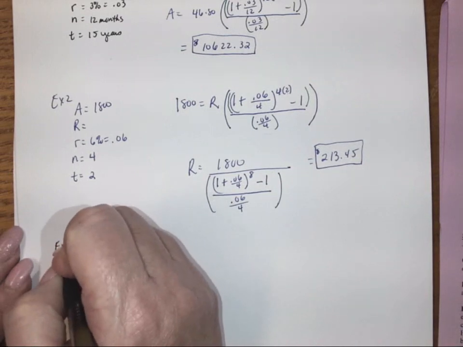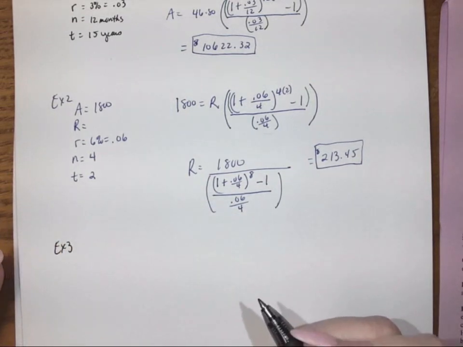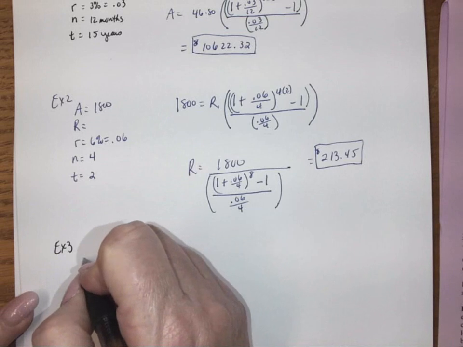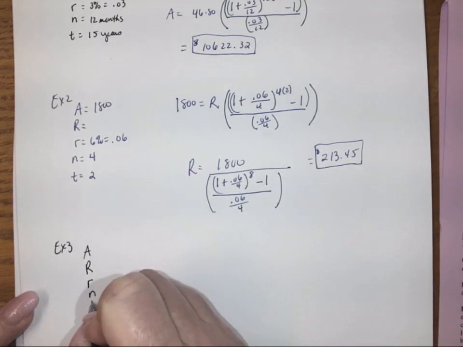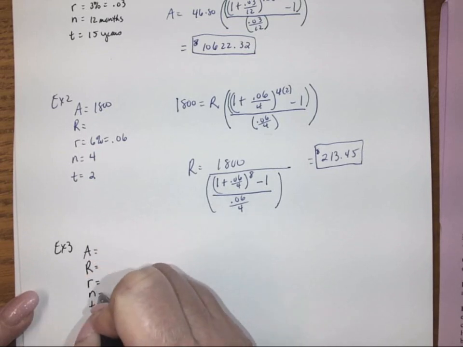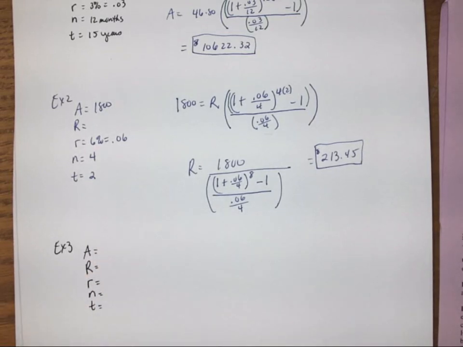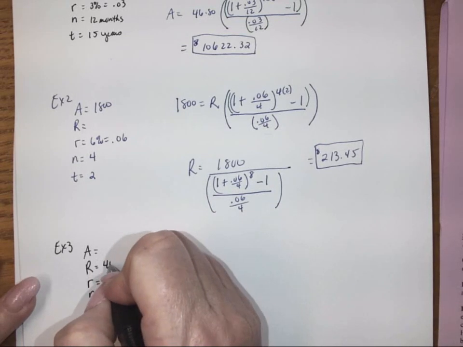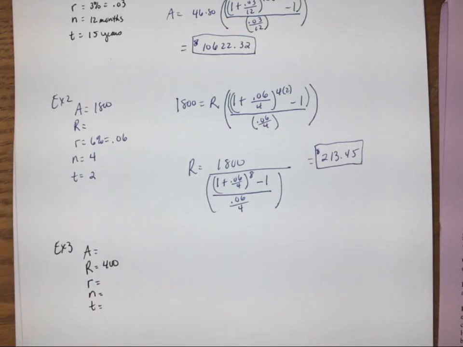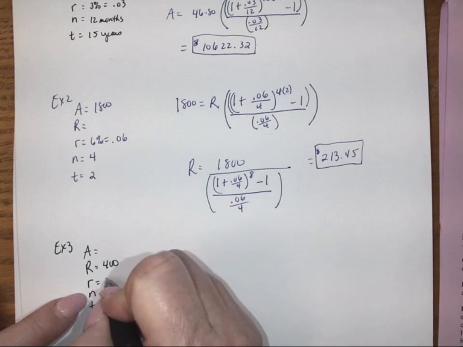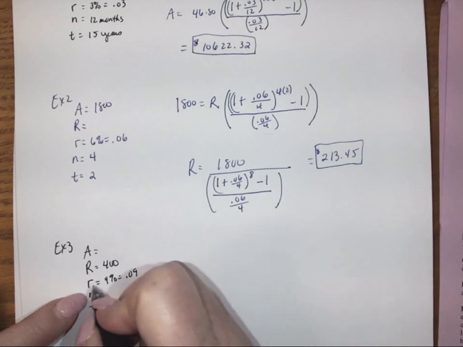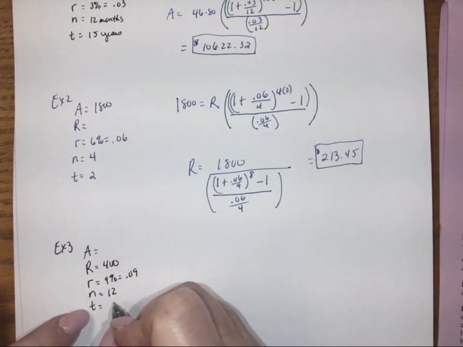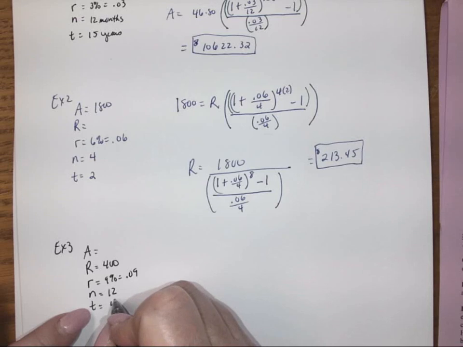So example 3, we are looking for our A, our big R, our little r, our N, and our T. Now this time we're just told what R is. R is $400. We don't have to go find it. We are told that the rate is 9%, which becomes 0.09. Our N is 12, and the T is equal to 4.